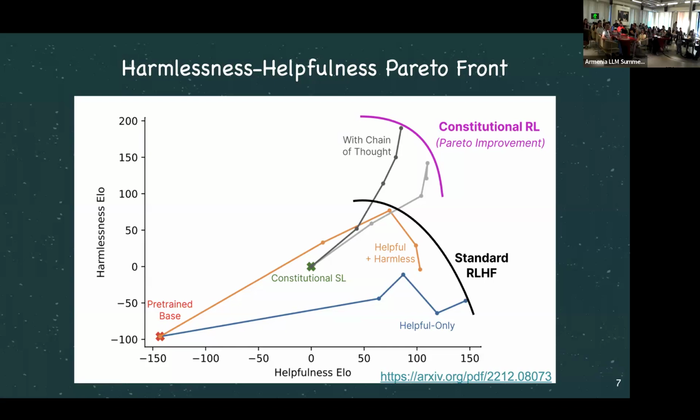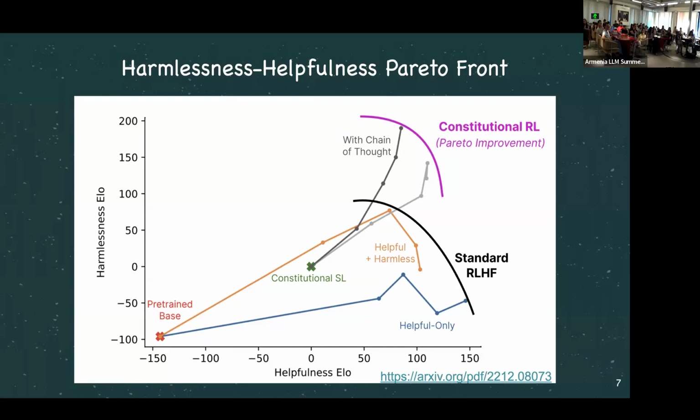Okay, so the Pareto front is like all the models that cannot be improved on both concept X and concept Y at once. At this level, we find models that are better for both, but a model that is only harmless is actually not on the Pareto front, because it is not the most helpful model. Because you can find a model that is more helpful, you have to do it.